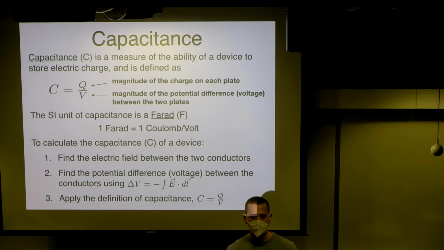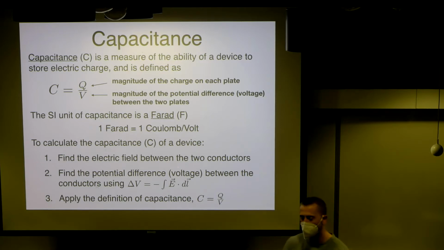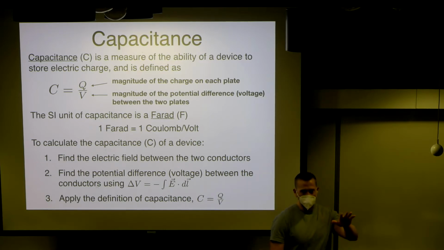Like imagine the parallel plate case. We've already seen in lab and in other places how there's an electric field when you charge up two plates with equal but opposite charges. So we have a way of calculating that E field. We know how to calculate E fields with different methods.